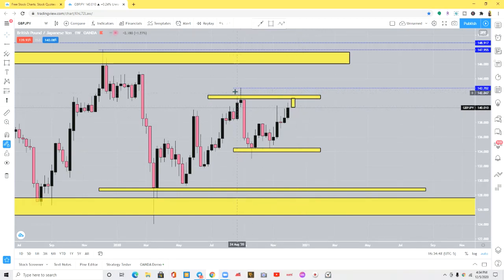We need the solid, engulfing candle to close above this section right here. So we get a solid candle up here like this, then more or less, yeah, we're good to go. We could say that the next target range is going to be this resistance right here.